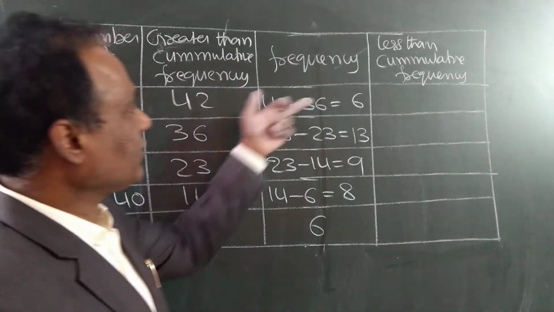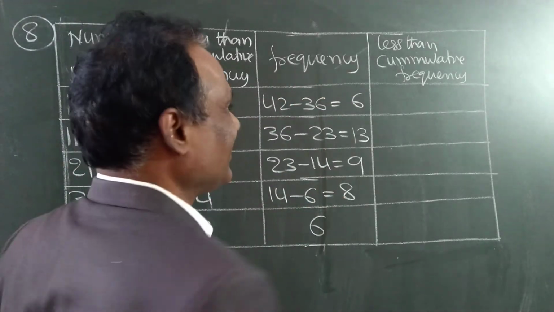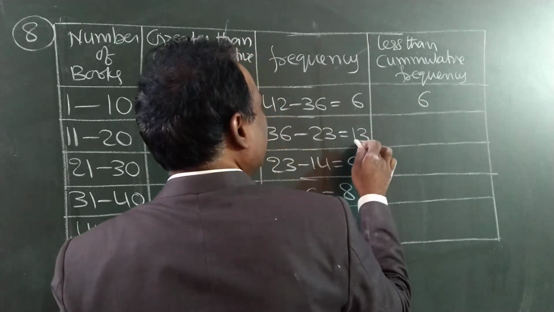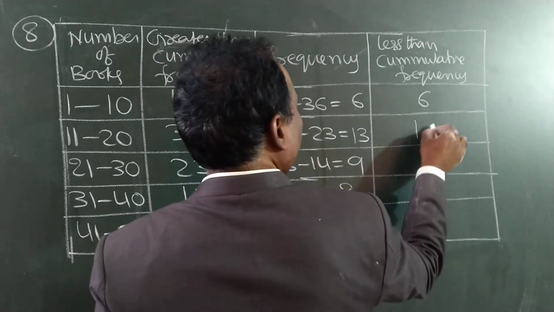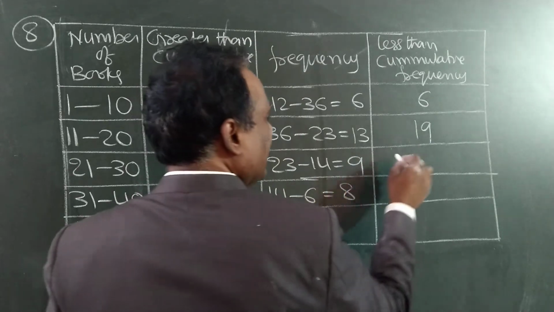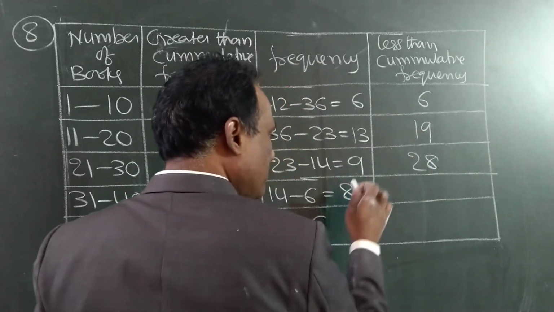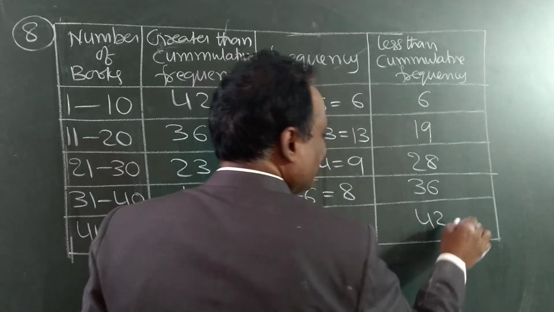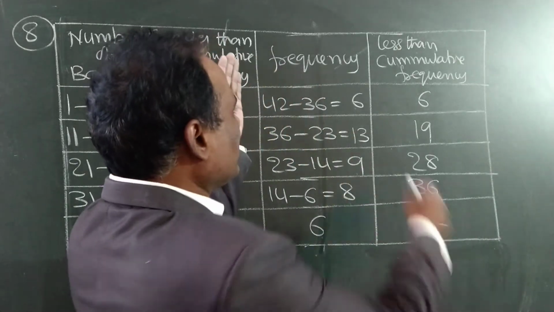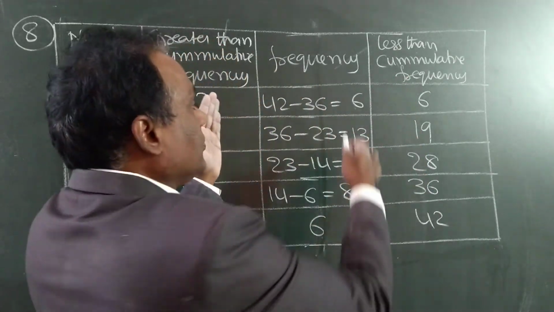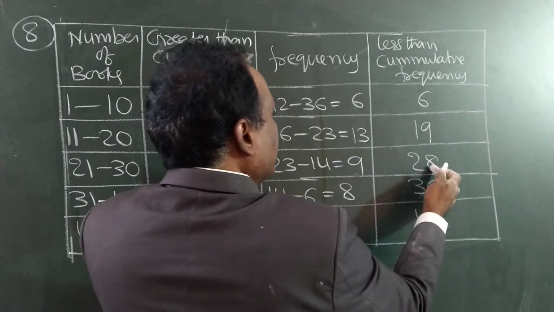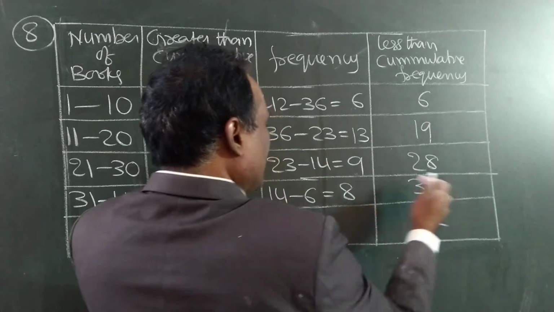So forget about this, these are the frequencies. 6, 6 plus 13, 19, 19 plus 9, 28, 28 plus 8, 36, 36 plus 6, 42. Less than cumulative frequency means adding the frequencies from the top.